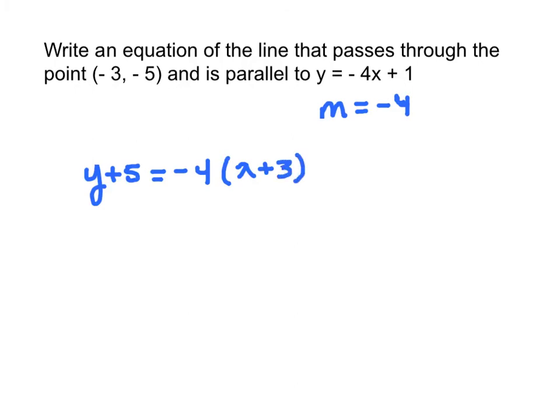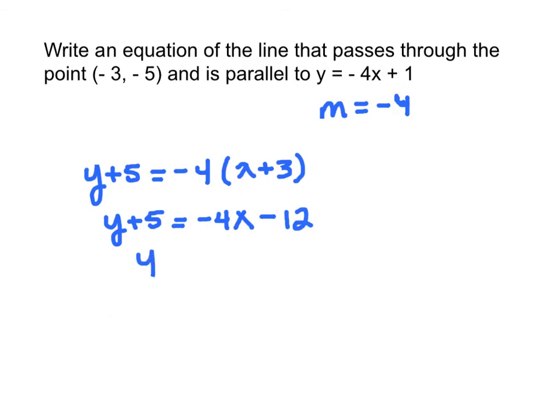I'm going to distribute the -4 inside of the parentheses, and when I do, it will become y plus 5 equal to -4x. -4 times positive 3 is a minus 12. And then let's subtract 5 from both sides of this equation.